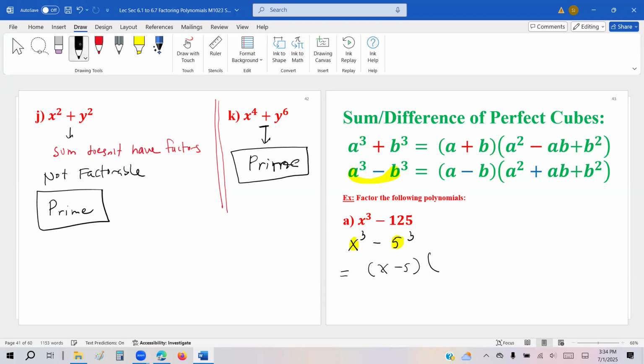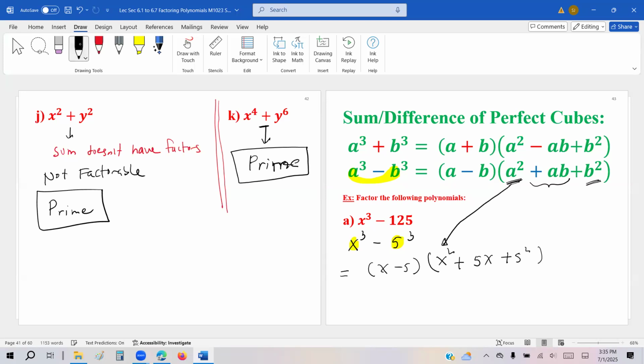And then it says take the first one squared and then the second one squared. So first one squared is x squared, and second one squared is 5 squared. And then in the middle, add their product. So what's the product of 5 and x? 5x.